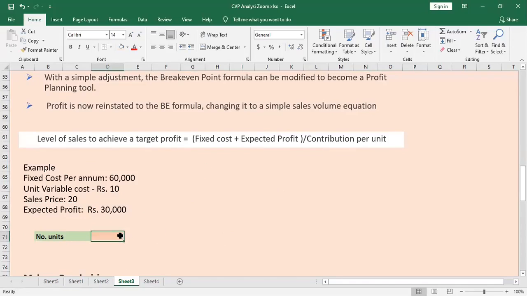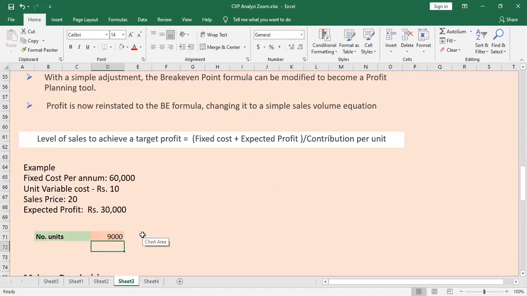Fixed cost is 60,000 plus expected profit 30,000, divided by unit contribution. How do you calculate the unit contribution? Sales price minus unit variable cost. Here we have sales price of 20 rupees and unit variable cost of 10 rupees, so you are getting a contribution of 10 rupees.